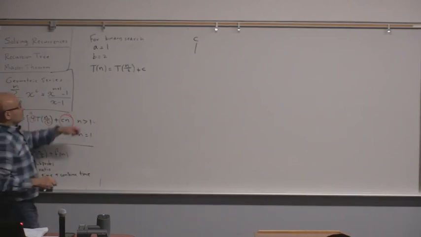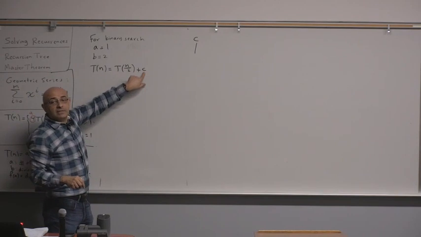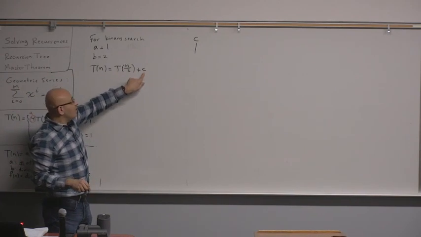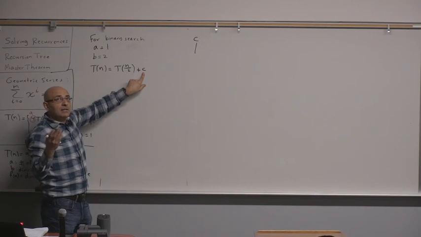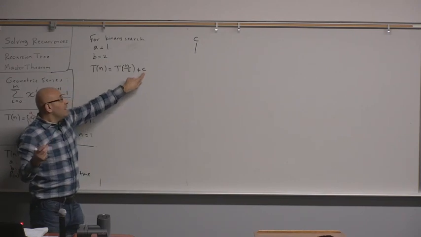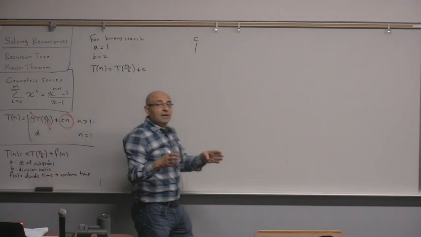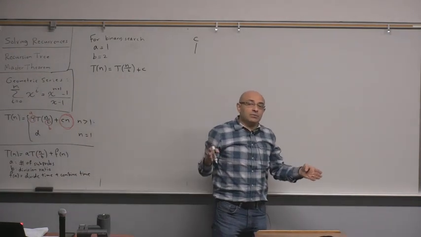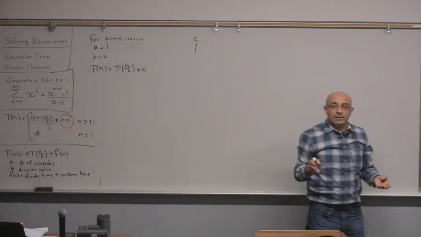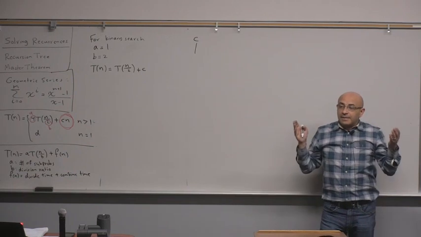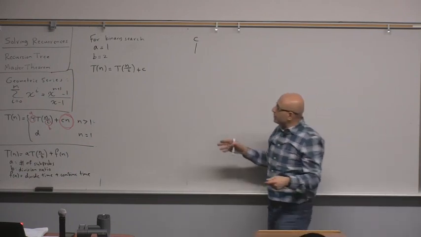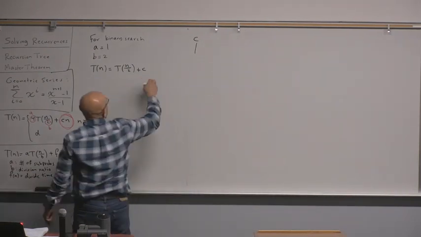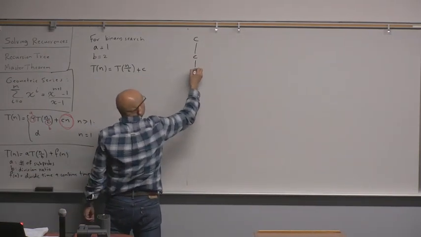C is just a constant. The divide time, in binary search, is not a function of the array size. To divide an array in half, the divide time is just a constant. It doesn't depend on the size of the array. So it's going to be a constant at all levels.